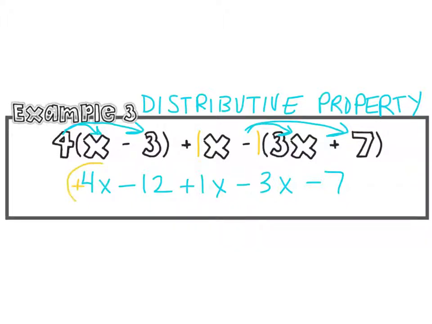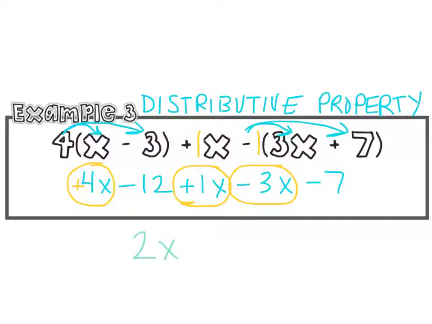So I see a lot of x's. So 4x plus 1x. Notice how I take the sign when I'm circling. Take the sign in front of it. Okay, let's put our x's together. So 4x plus 1x, that's 5x. 5x minus 3x simplifies to 2x.